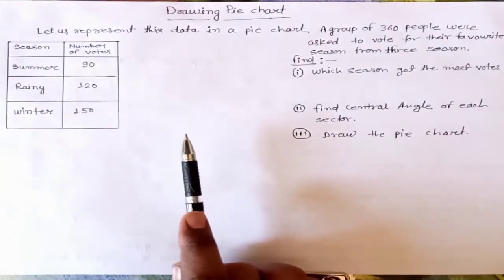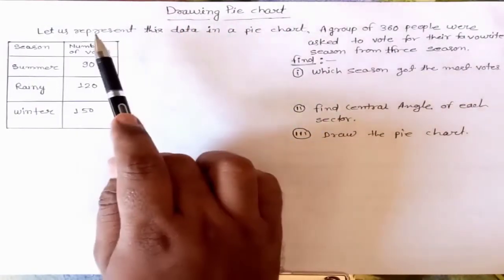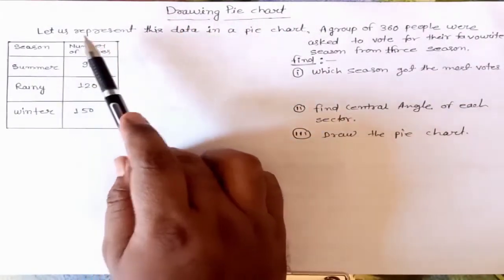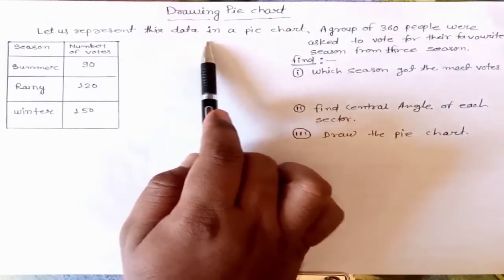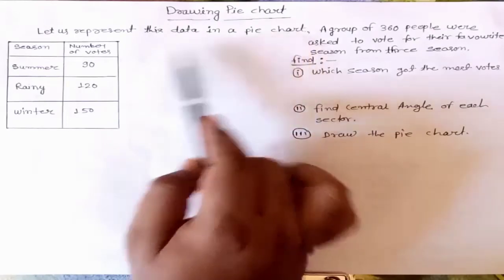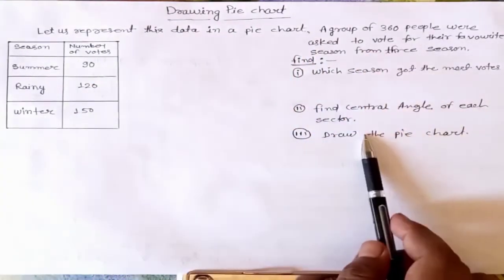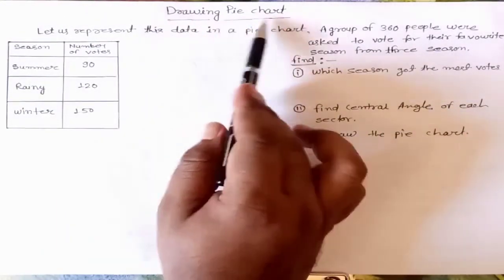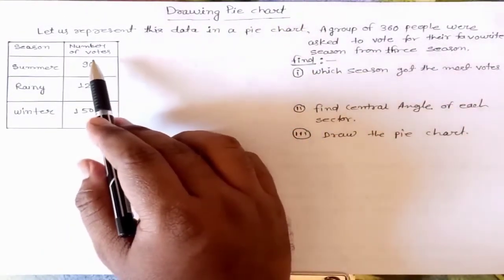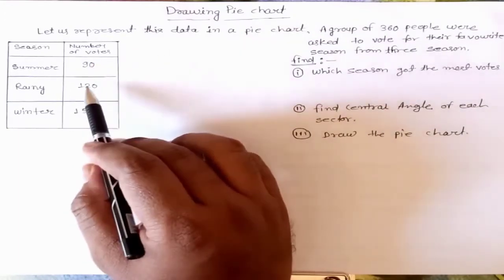So how will we do it? So the question arises, by drawing a pie chart, let's consider this data, right? Let us prepare this data in a pie chart. So this is the data, we have to make a pie chart, right? So these are the questions. I will draw a pie chart by analyzing or interpreting this data, right?